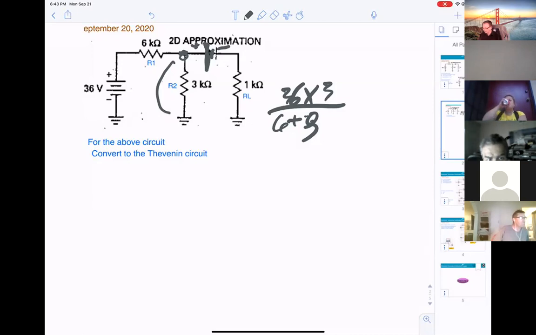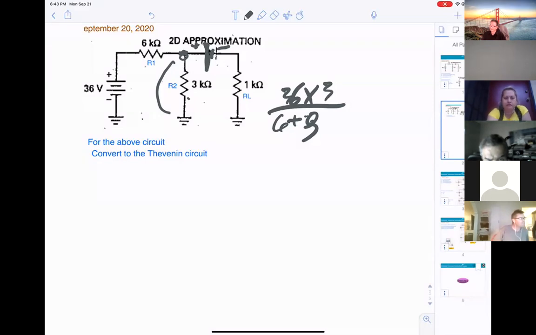However, my question now is, a lot of people asking, you can using voltage divider. Take that 36 times 3K divide 3 plus 6. But I said, no, you cannot. Can you tell me why we cannot do that way?